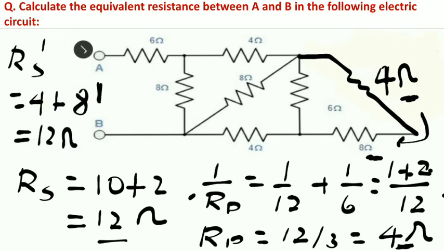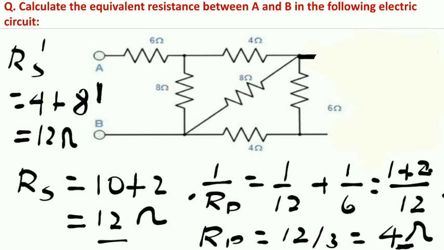So the resultant of this 4 ohm and this 8 ohm is 12 ohm. We will remove these two resistors and place the resultant in place of them.